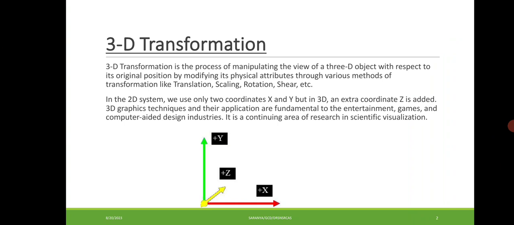What is 3D transformation? 3D transformation is the process of manipulating the view of a 3D object with respect to its original position by modifying its physical attributes through various methods of transformation like translation, scaling, rotation, shear, etc. In the 2D system, we use only two coordinates, x and y, but in 3D, an extra coordinate z is added. 3D graphics techniques and their application are fundamental to the entertainment, games, and computer aided design industries.